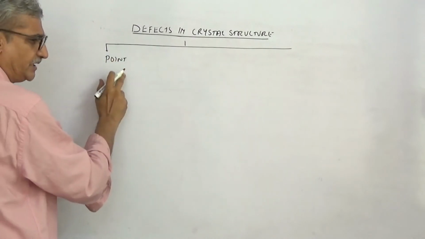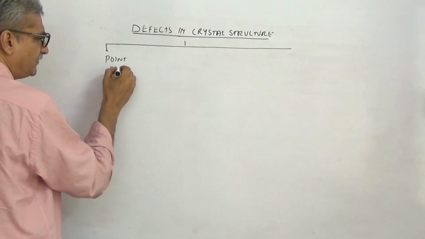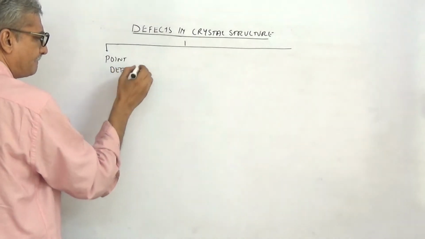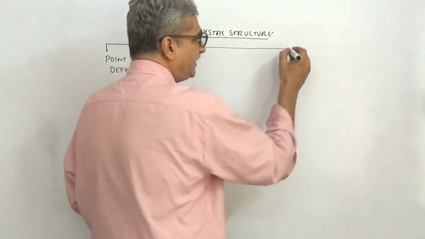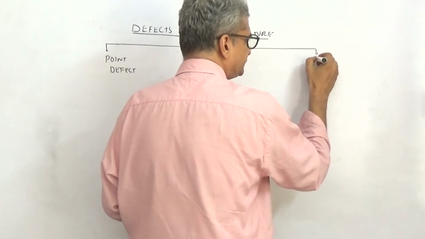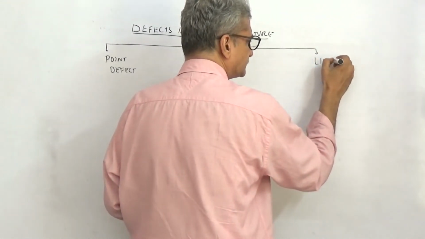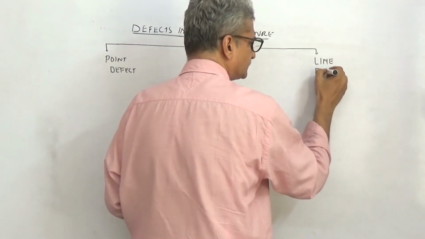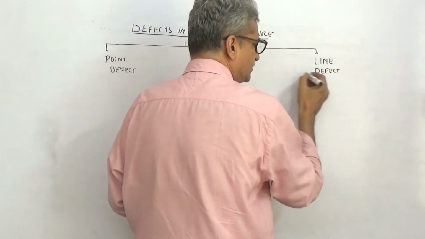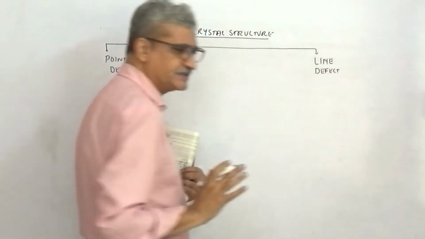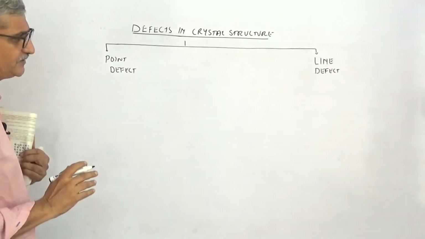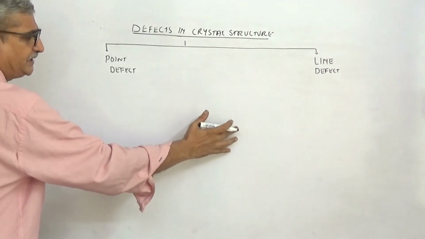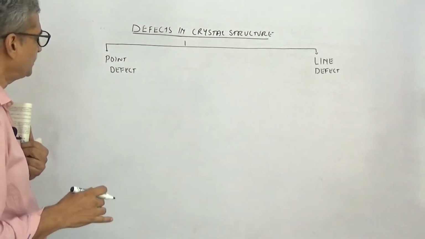Maximum discussion is going to take place on point defect. And we have a line defect. Because this is just one sentence, I'll discuss line defect first, and then we'll focus our complete attention in the lecture on point defect.